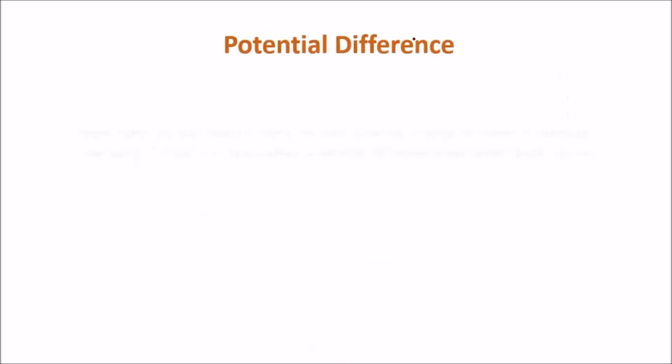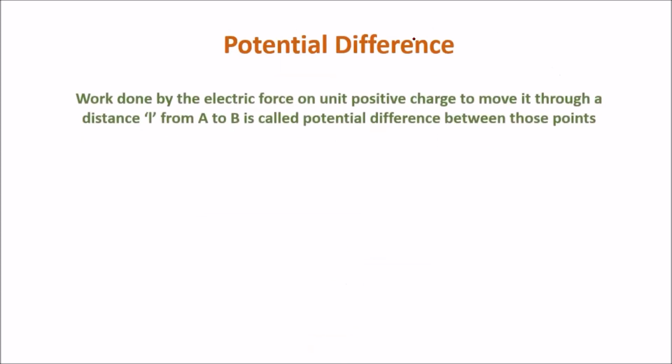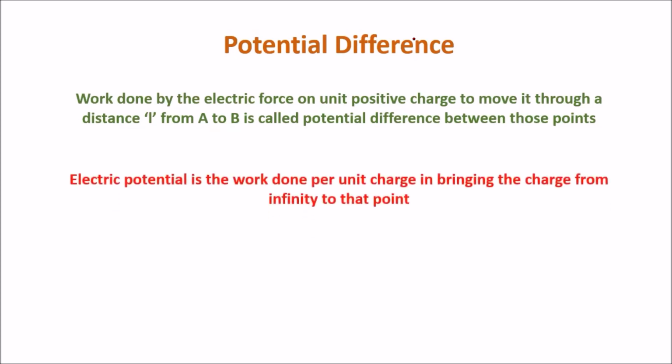Potential difference. Let us see the definition of potential difference. Work done by the electric force on a unit positive charge or unit negative charge to move it through a distance L from A to B is called the potential difference between those points. In a simple way, try to understand it. Electric potential is the work done per unit charge in bringing the charge from infinity to the point.